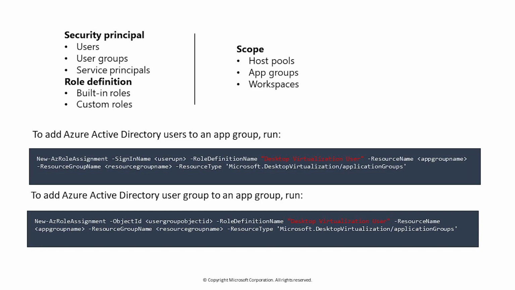So when it comes down to planning, make sure that we can choose the right element for each and every individual component. Which components? The security principle, the role definition and permission, the custom roles or the built-in ones, and the third becomes the scope.